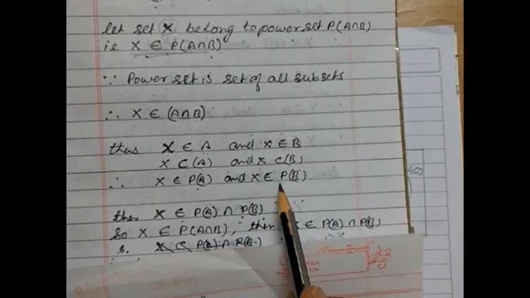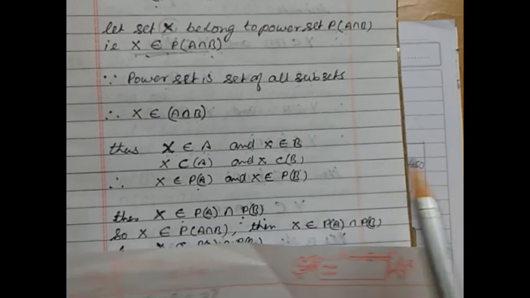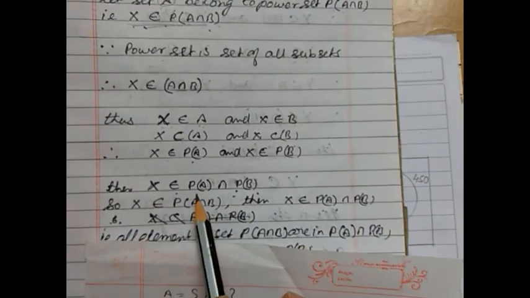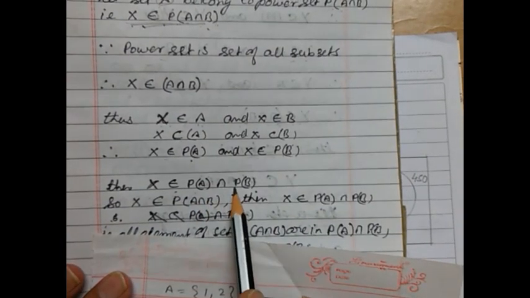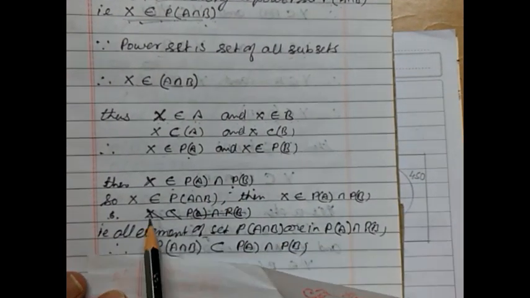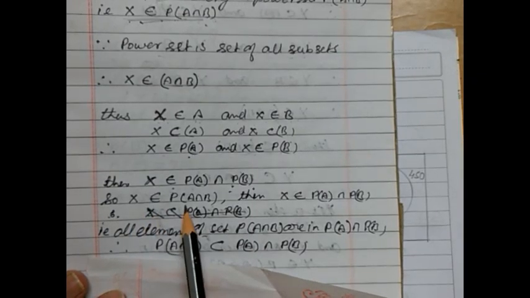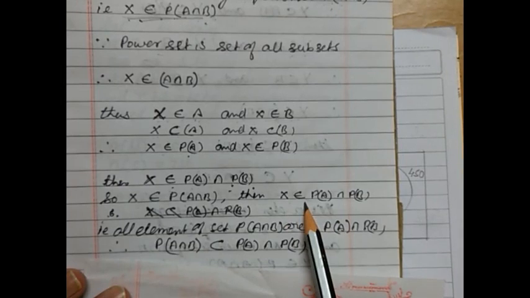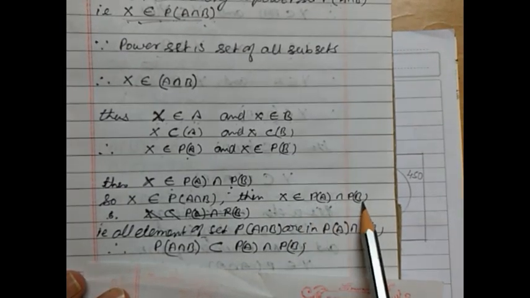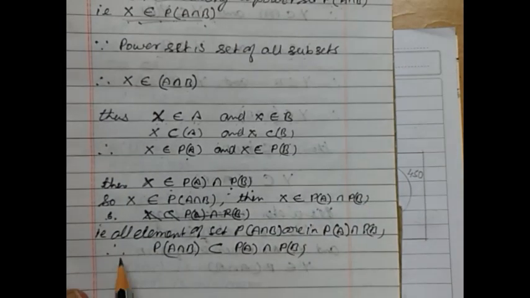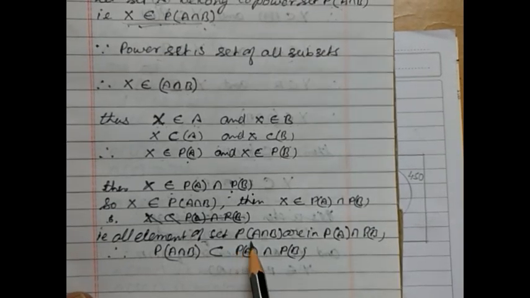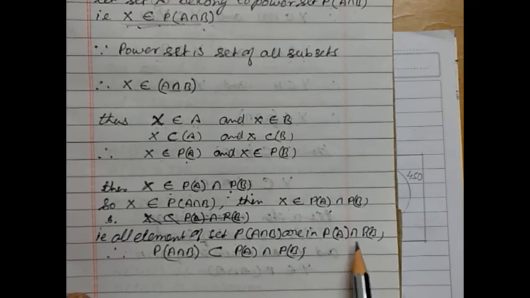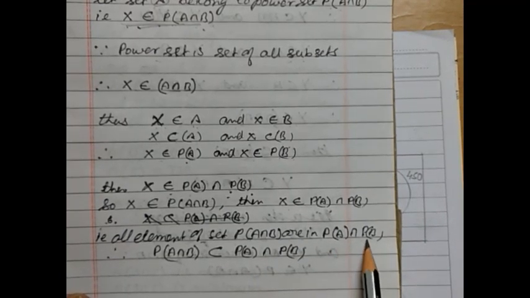And the same way it will belong to the power set of B. So then we can say X belongs to the power set of A intersection the power set of B. Similarly, we can say that X belongs to the power set of A intersection B, and then X belongs to the power set of A intersection the power set of B. So here we can say all elements of the power set of A intersection B are in the power set of A intersection the power set of B.